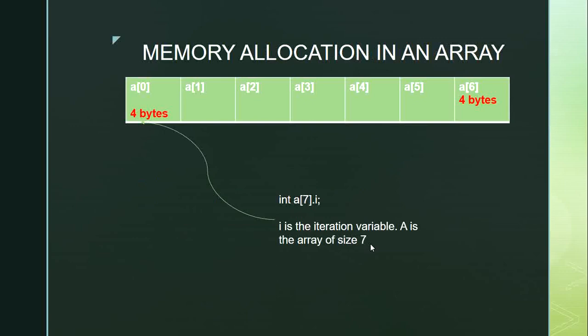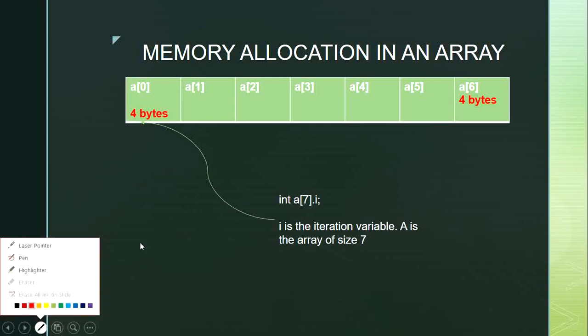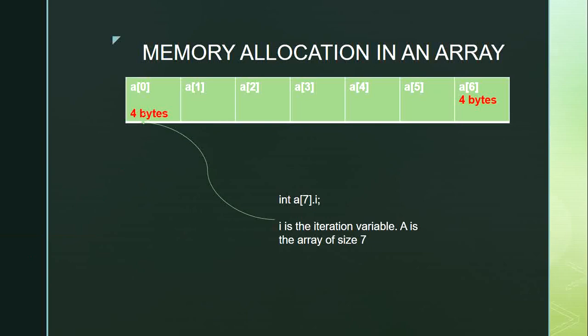Now just to recap the memory allocations of an array, if I declare an array as int a[7], the array will be stored in the memory as a[0], a[1], a[2], a[3], a[4], a[5] and a[6], and each of the values will be taking 4 bytes, assuming that we are using a 64-bit architecture.